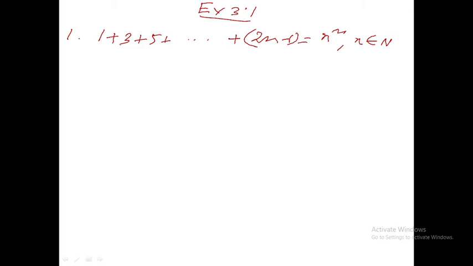That means 1 plus 3 plus 5 plus dot dot dot plus (2n minus 1) equals n square. You have to prove it.